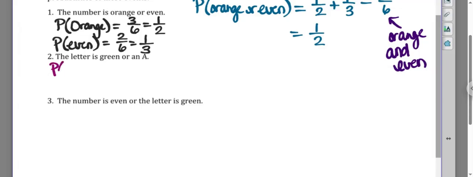So probability that the letter is green: there are 2 greens out of the 6. The probability that you get an A, also 2 out of 6.